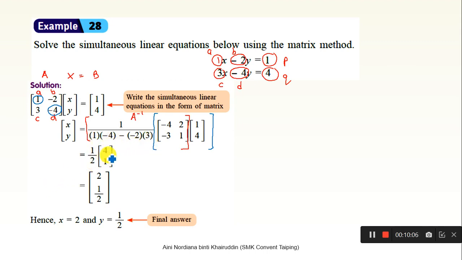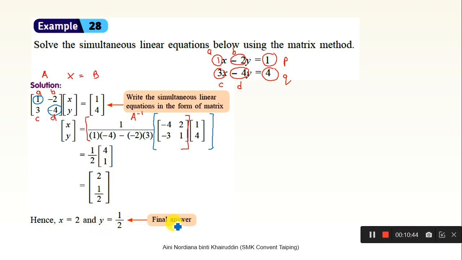In this example, it's actually this matrix multiplied with B, and next multiplied with 1 over 2. So this is the answer. When you multiply 1 over 2 times 4, you will get 2. 1 over 2 times 1, you will get 1 over 2. Hence, the value of x equals 2 and the value of y equals 1 over 2.